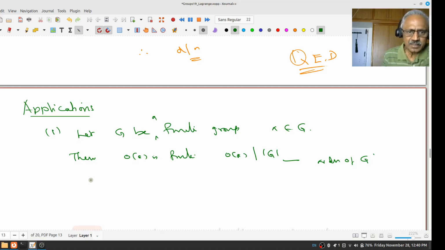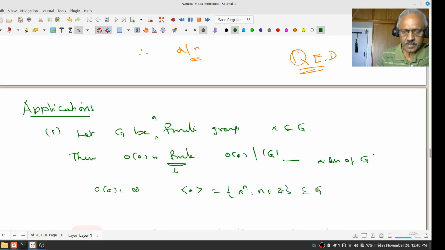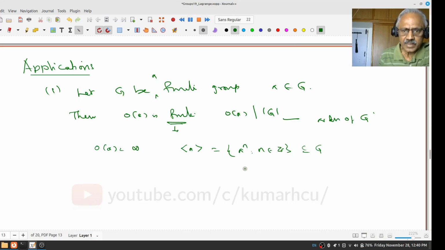Now as I said, if the order of A is infinite, then the cyclic subgroup generated by A, A to the power n, n in Z, is contained in G. Since the order of A is infinite, all these elements are distinct. That is, this set is an infinite set.